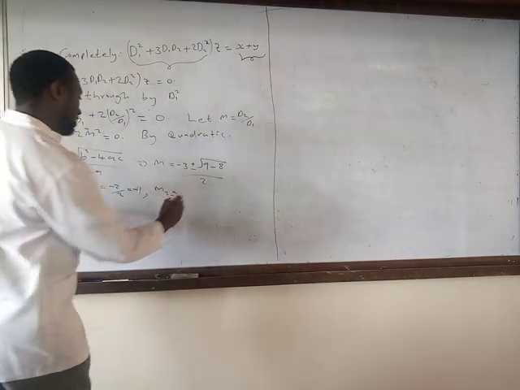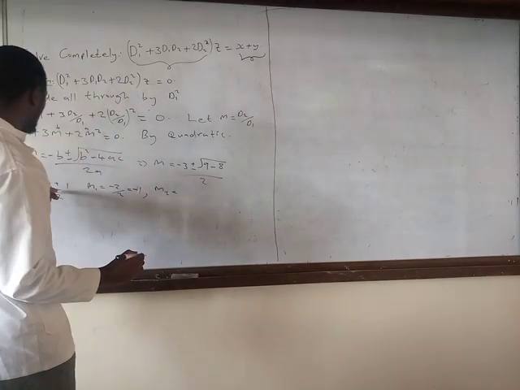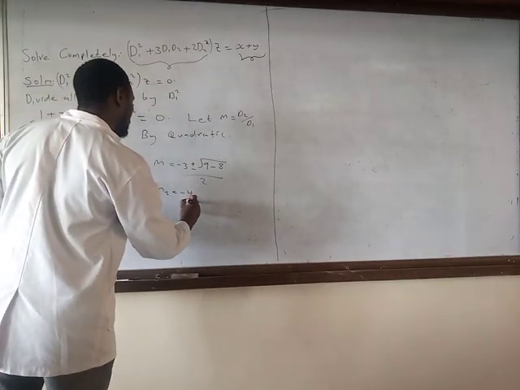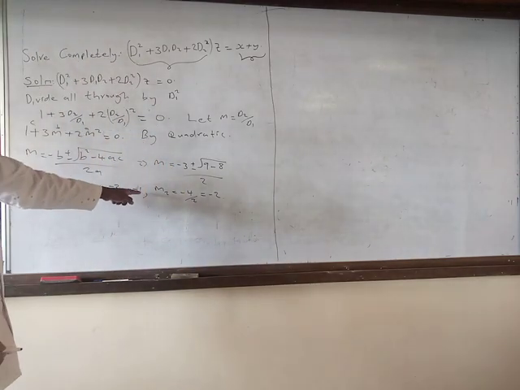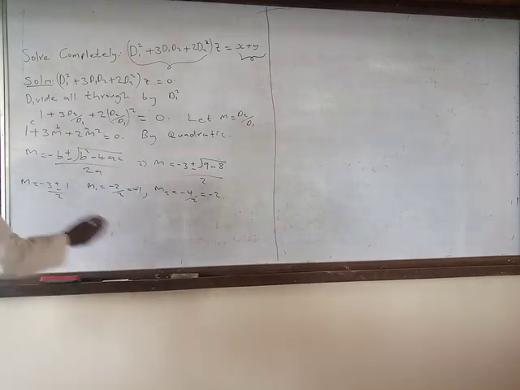M2 is negative 3 minus 1, which is negative 4 over 2, which equals negative 2. So our m1 is negative 1, our m2 is negative 2.